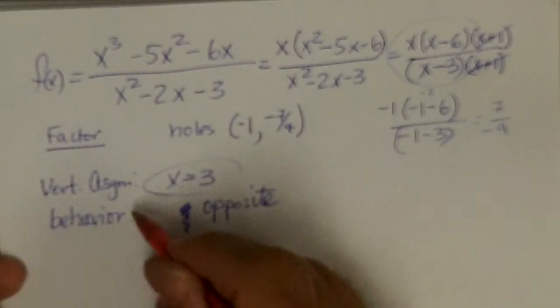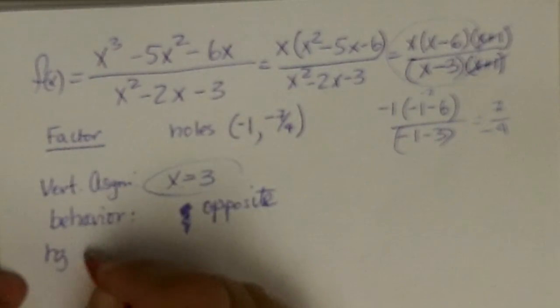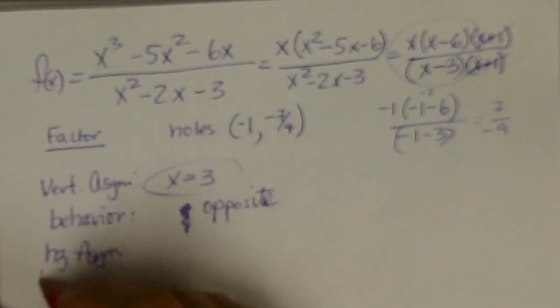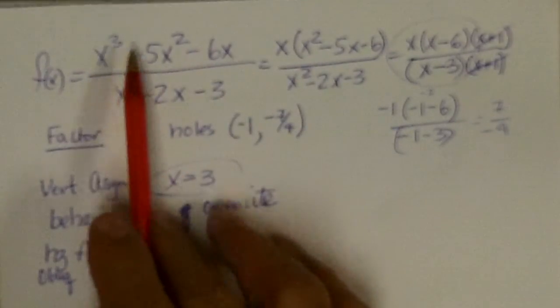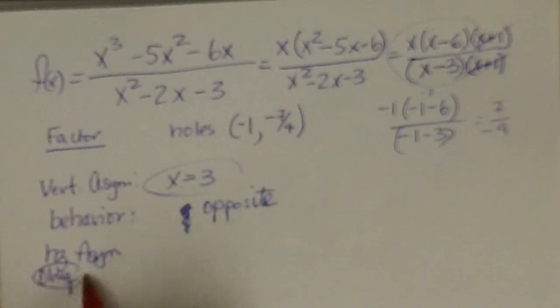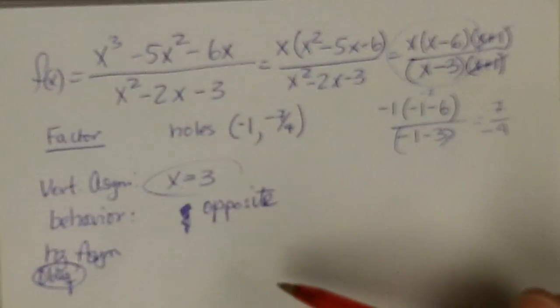That's the behavior. Then we look for horizontal or oblique asymptotes. In this case, the degree of the numerator is 1 more than the denominator, so it's going to be oblique. And I can go back and do long division of this into this and find it.